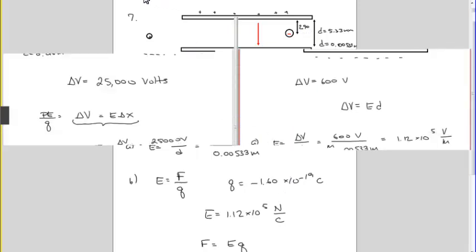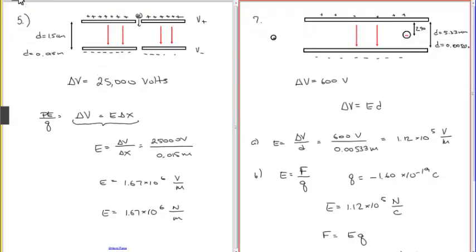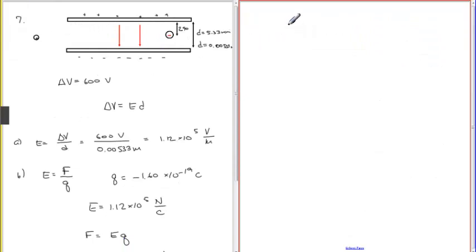So the distance, the delta x that we're going to move, is just 5.33 minus 2.90, which is 2.43 millimeters. Convert that to meters, so we get 0.00243 meters. So that's delta x.